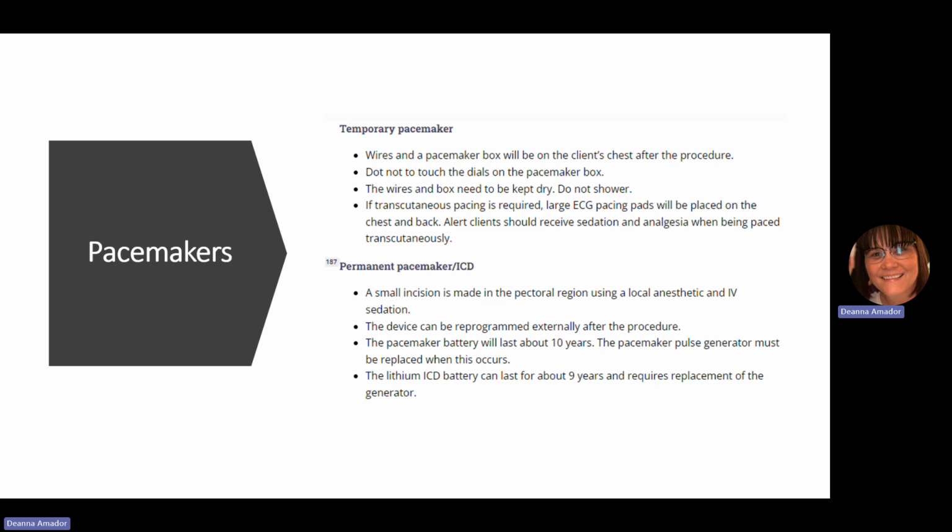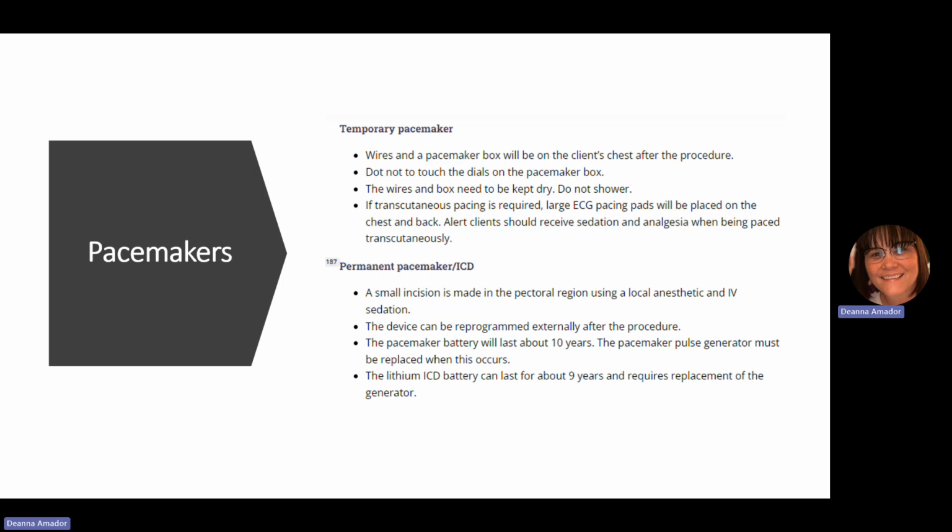If they do it transvenously through the femoral, or through the IJ or something like that, then those wires come out and are connected to a pacemaker box. And then settings are dialed in on the pacemaker box. This would be a temporary pacemaker, and these patients would be in the ICU with this.